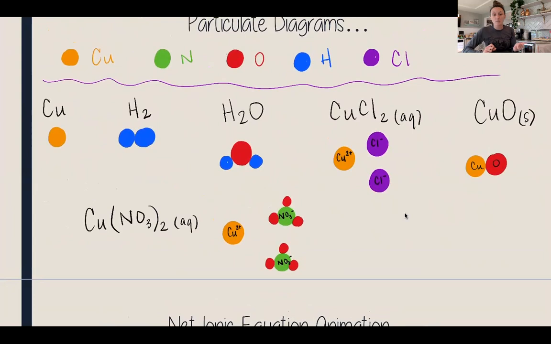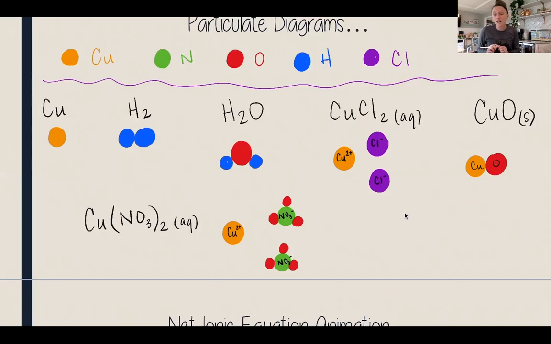Again, we've got atoms. We can draw a molecule like water, H2O. We can draw ionic substances. So when they are aqueous, that means that they have dissociated into their representative ions. Copper ions and chloride ions in the case of copper 2 chloride, and copper ions and nitrate ions in the case of copper 2 nitrate.